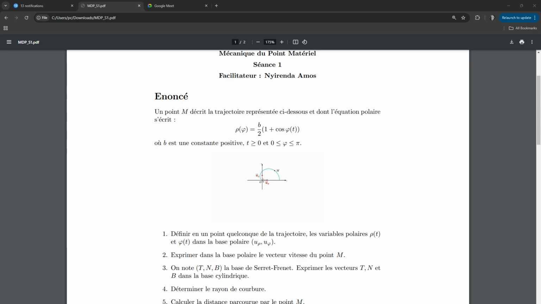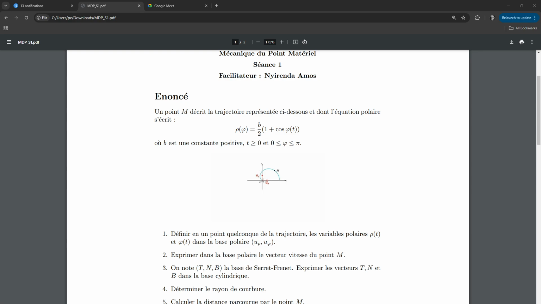So we're supposed to make the radius of curvature the subject. So the radius of curvature is going to be equal to the velocity v squared divided by an. Remember that we said v is the norm of le vector vitesse. We simplified this calculation. Now, if you remember, the norm of v, if you look at the expressions we found, is b phi point and then cosine phi divided by 2, and then divided by the norm of acceleration.